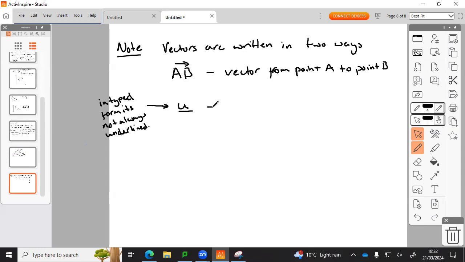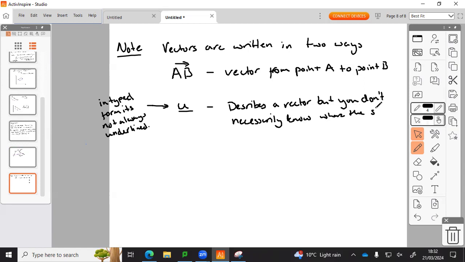For those types of vectors, we don't necessarily have to know where A and B are. This just describes a vector. You don't necessarily know where the start and end is.